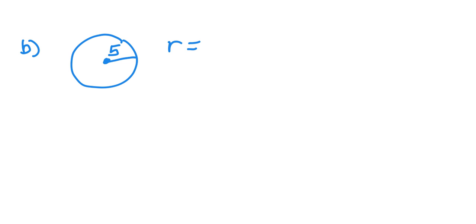Okay, let's take a look at another problem. Okay, so here's our example. Here is our circle. Here is our radius. Let's say it's 5. Pause the video, look at what we did before, and do the problem on your own. Start with r equals, and then c equals, and then remember our equation is 2 times 3.14 times r.